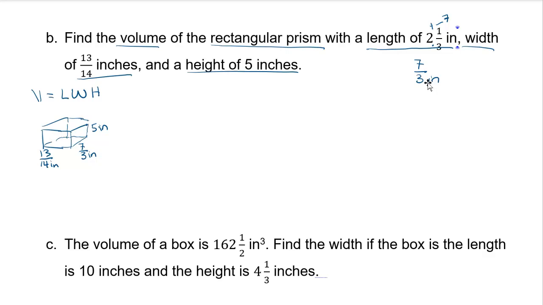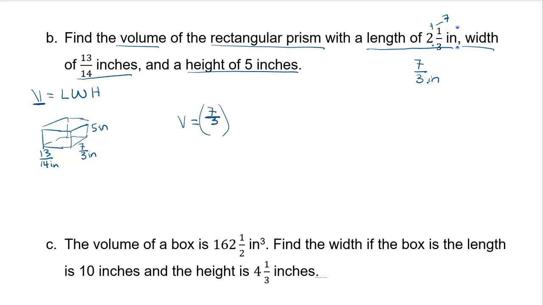All right, so because we're finding the volume, V is what's going to stay as my variable. So I get V equals, because the variable indicates my unknown. It's the thing that I'm trying to find. So let's say my length is 7/3.